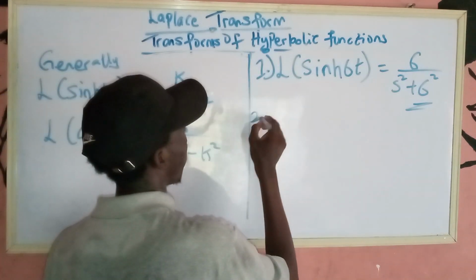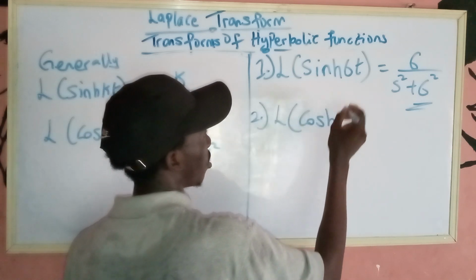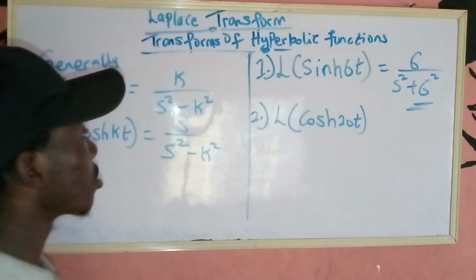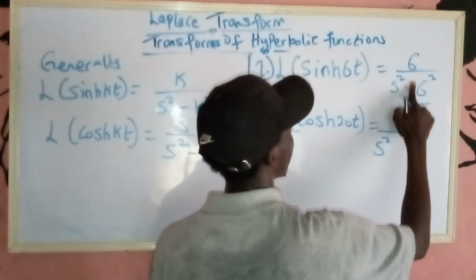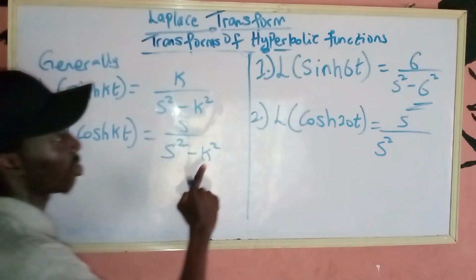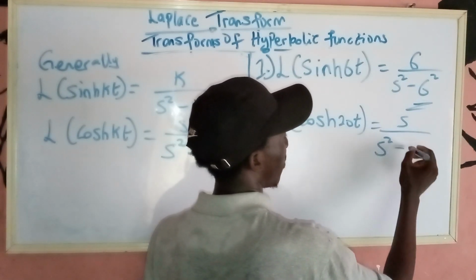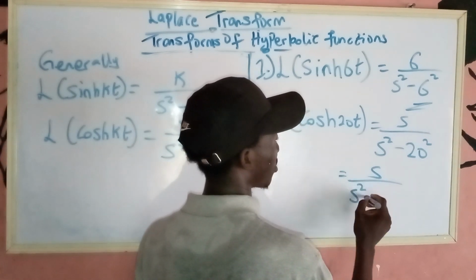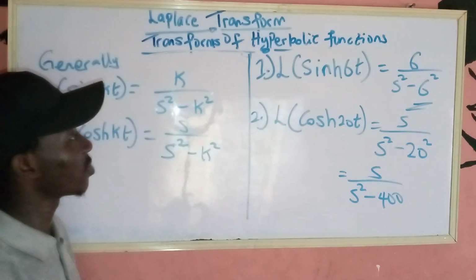Also, if I had Laplace of cos 20t, that will just be s over s squared. Here is minus. There is a mistake. You can see there's a minus there. There's a minus here, and here is minus 20 squared. That will be s over s squared minus 400. That will be the Laplace of this.